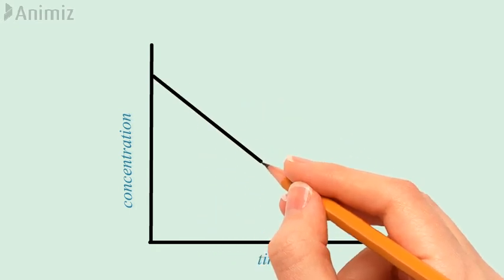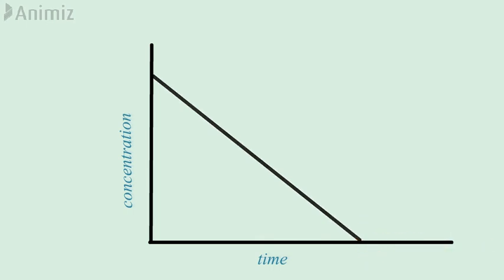In this graph, we will get a straight line for zero order reactions, whose y-intercept is c0 and slope is minus k0.